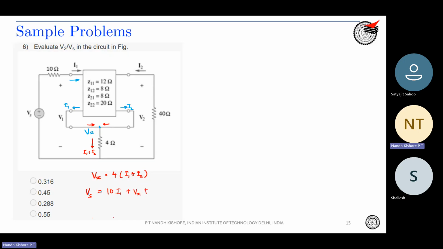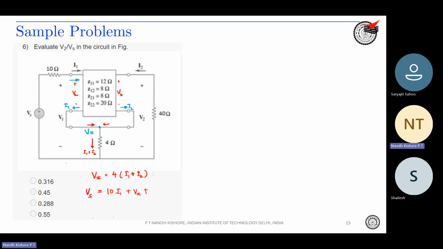And we have to write what is the voltage across your two-port network. This particular voltage, let's call this VA and let's call this VB, right? Because V1, what they have defined as V1, is across the total thing, that is your two-port network as well as this. So we have to just write what is your VA.